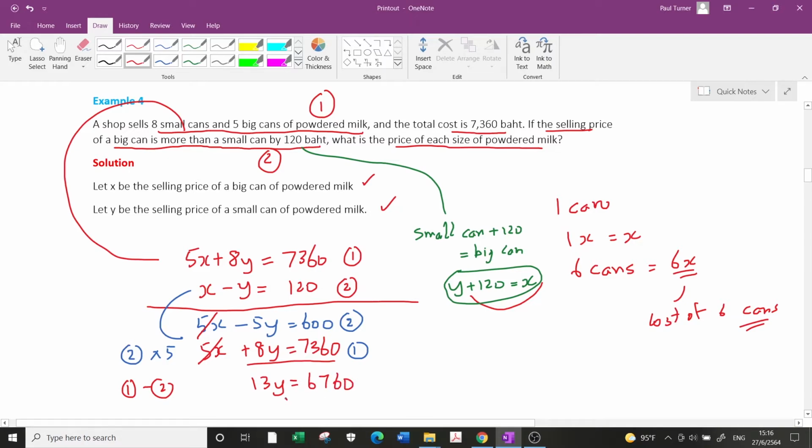Okay, so then y would be equal to 520. So to find x, we can use that equation. So x minus y is 120, and we know y is 520. So in that case, x will equal 640.